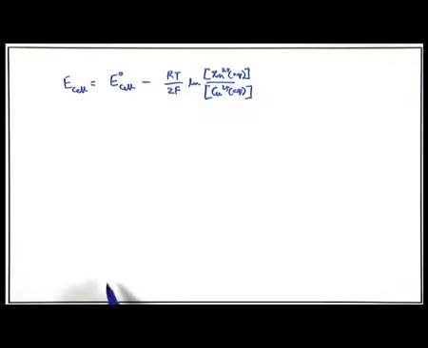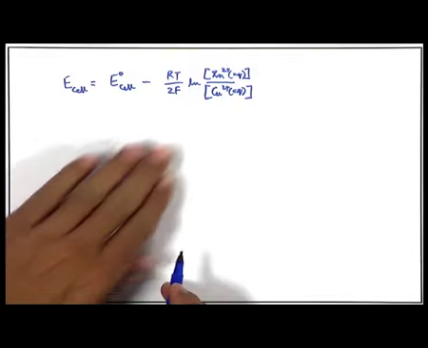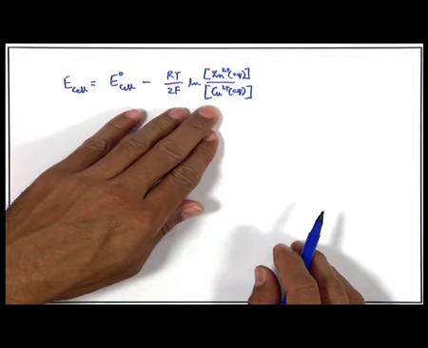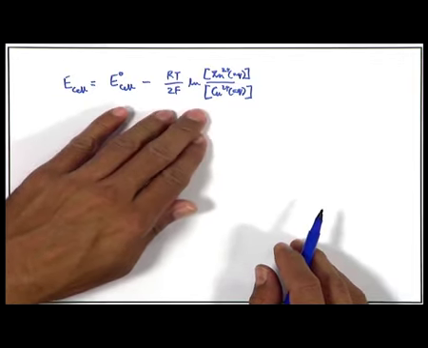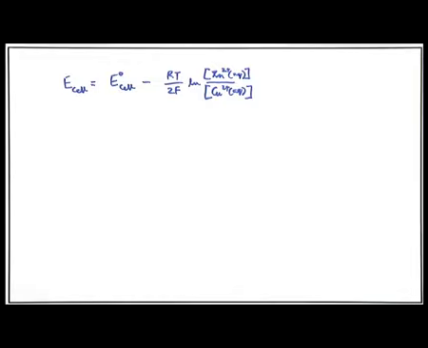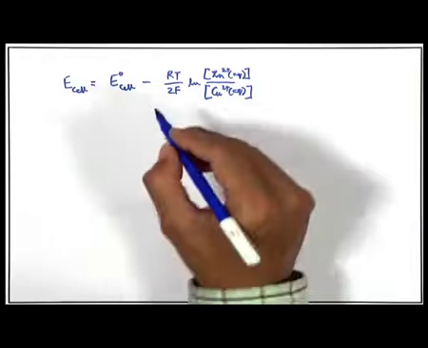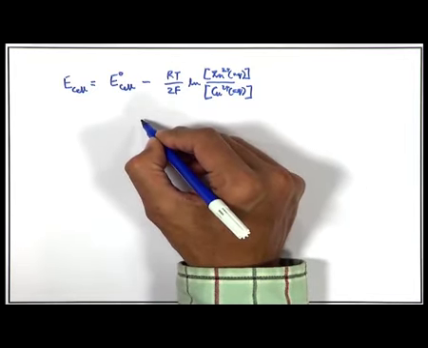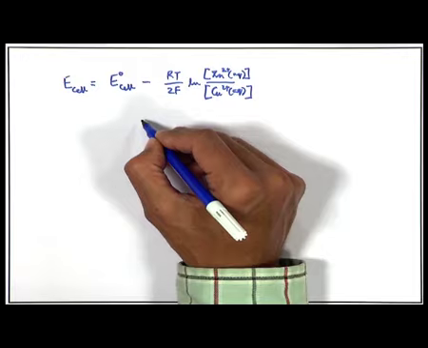So, this is the expression for E cell for this Daniell cell. In the Daniell cell, on the right hand side there is reduction, on the left hand side there is oxidation.